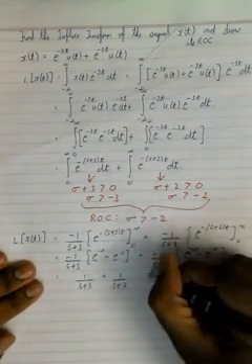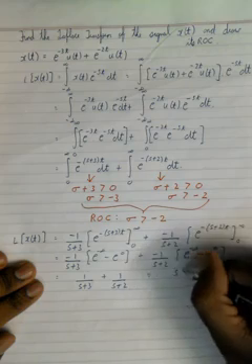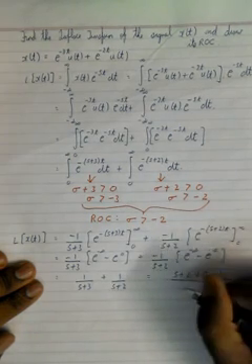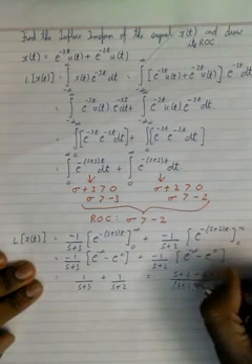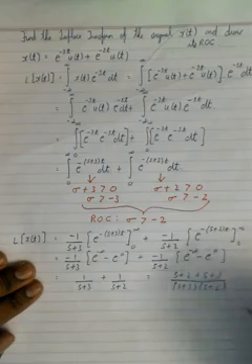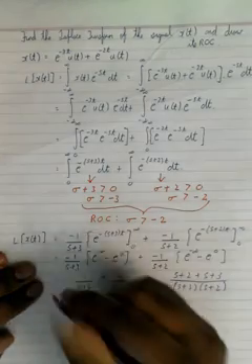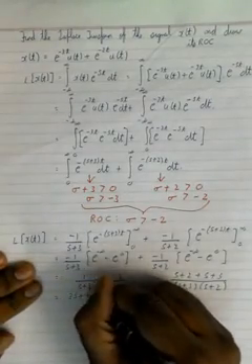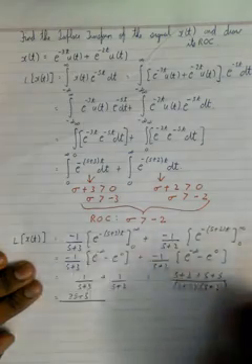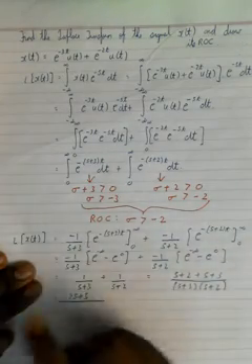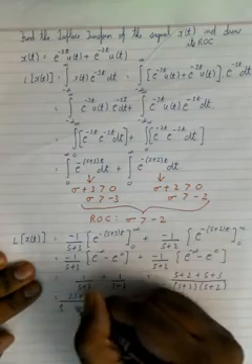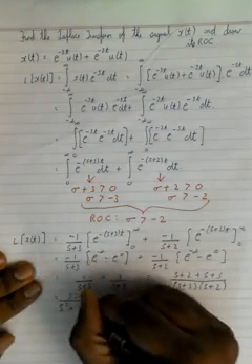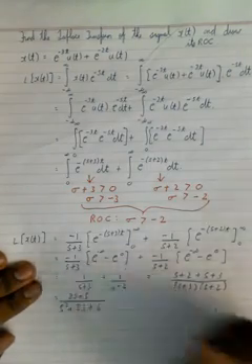On cross multiplying, you will get s plus 2 plus s plus 3 divided by (s plus 3) into (s plus 2). This is also equal to 2s plus 5 divided by, if you multiply these two denominators, s square plus 5s plus 6.